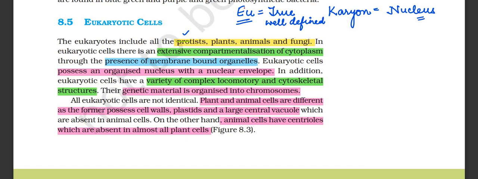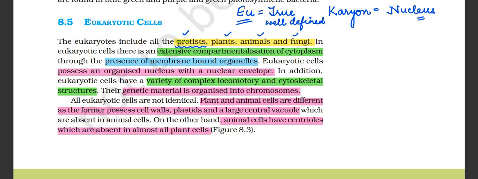Except Monera, all the other kingdoms have eukaryotic cells. Protista contains unicellular eukaryotic cells, but the plants, animals, and fungi groups contain multicellular eukaryotic cells.